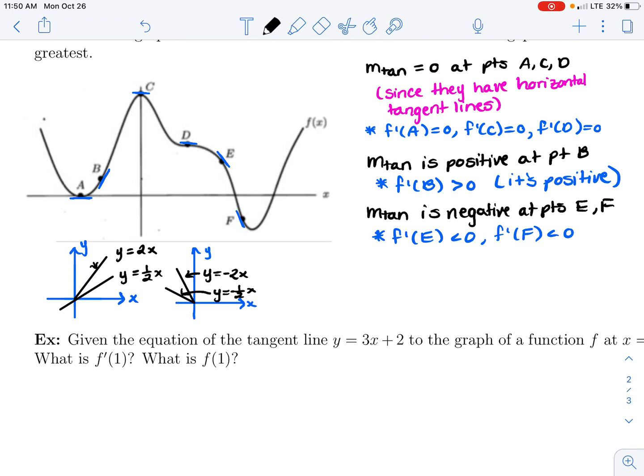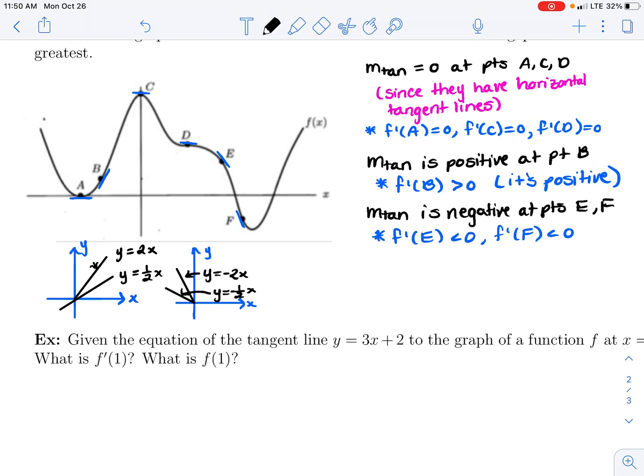The steeper the line is, the more negative your number is. So I know that negative 2 is less than negative 1/2. If I have a steeper line where my slope is negative, so the steeper line is pointed in the left direction, then I know that it's less than the negative slope that's just not as steep.